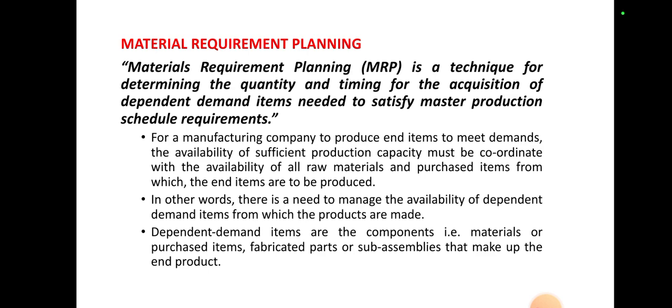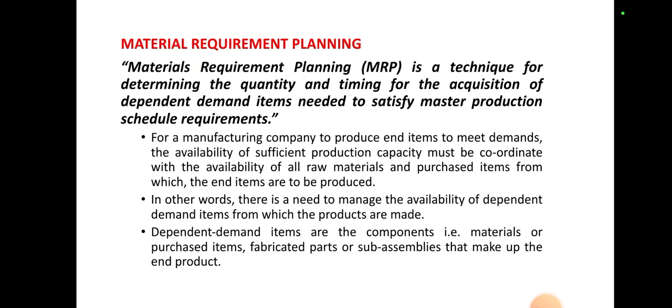So MRP, that is Material Requirement Planning. It is a technique for determining the quantity and timing for the acquisition of dependent demand items to satisfy master production schedule requirements. For a manufacturing company to produce end items to meet demands, the availability of sufficient production capacity must be coordinated with the availability of all raw materials and purchased items from which the end items are to be produced.